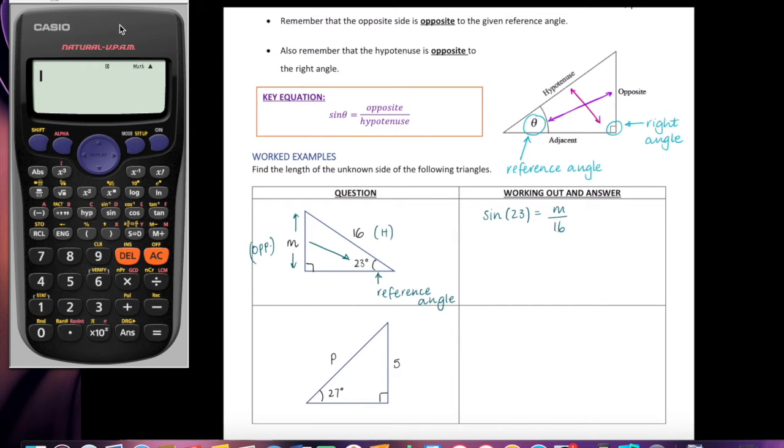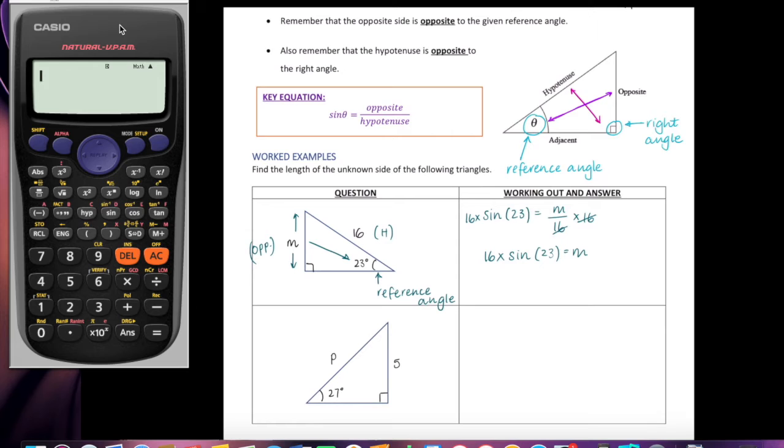We need to move that 16 over to the left-hand side, and the way we do that is by multiplying both sides by 16. Then we get 16 times sine of 23 is equal to M.